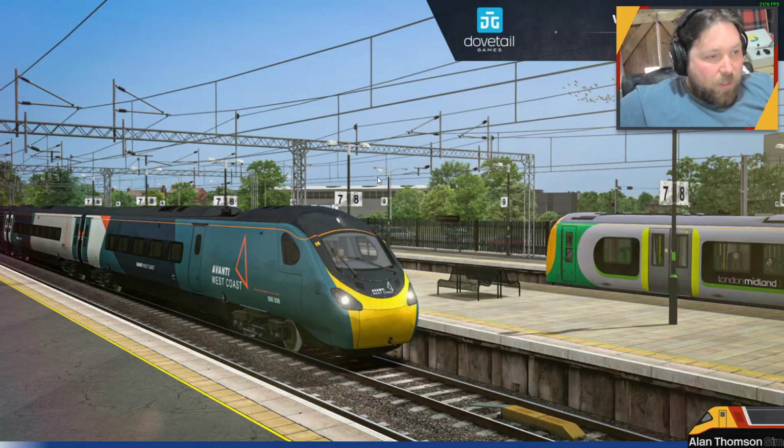That's us past West Coast Mainline South loading time. And the bar's pretty still. It is still doing something though. There we go.